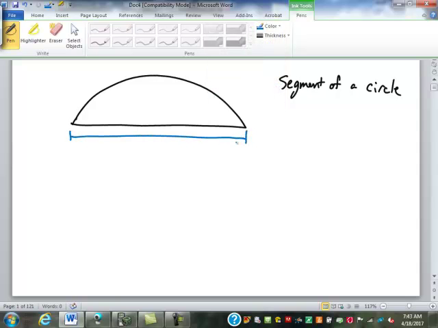Yep, this is still complex trig, yes. Let's say I know that the width across the straight edge of the segment here is 80 millimeters, and I know the height here is 16 millimeters.